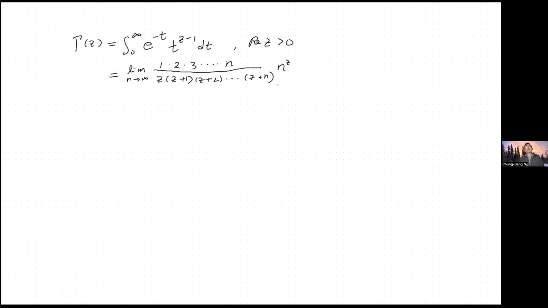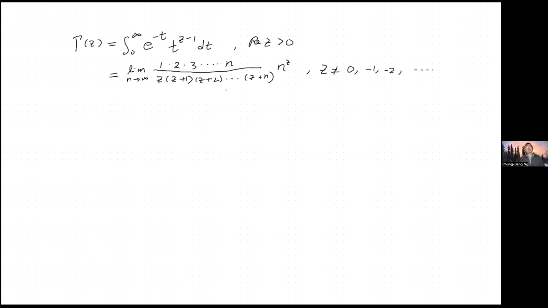Once you write it like that, we show that this is the correct limit, and you see that you can actually take away this restriction. So this can be defined for all z except where there is a zero in the denominator: z equals 0, -1, -2. So it's not defined for 0 or the negative integers. You can say that gamma has poles, and they are all simple poles at 0 and all negative integers.